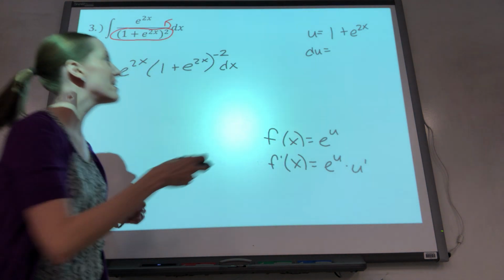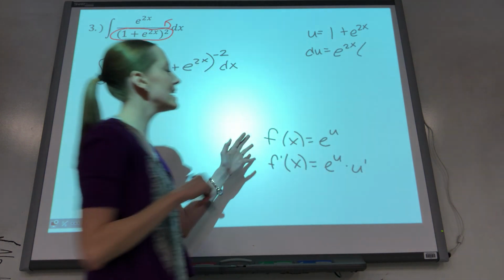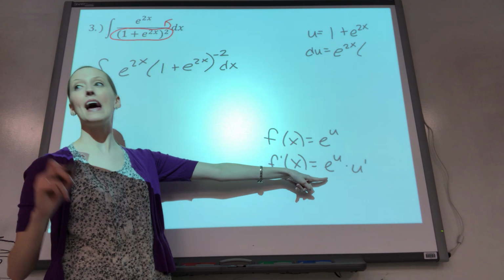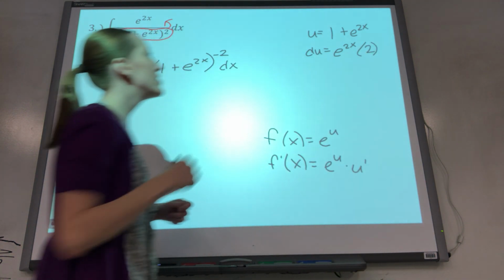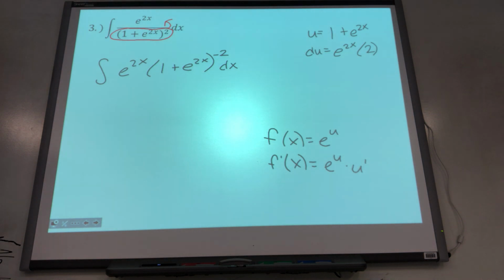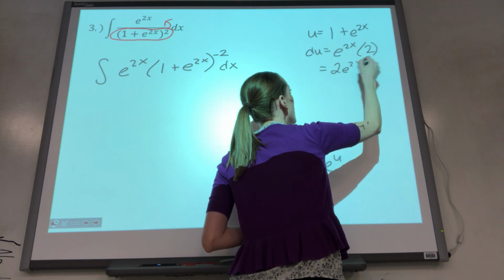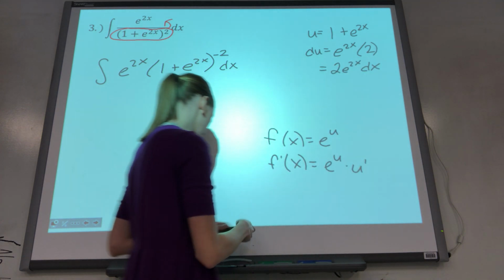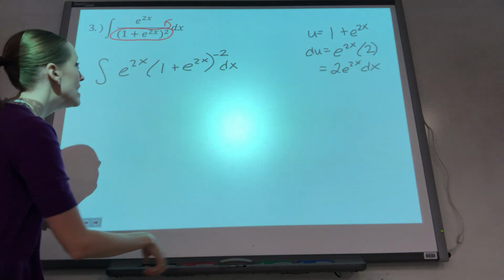So the derivative of e to the 2x is e to the 2x, but I have to come back and multiply that by the derivative of 2x, which is just 2. To make that look better, I may just put the 2 out front. I don't want to forget the dx. It's always there, but I like to put it down.